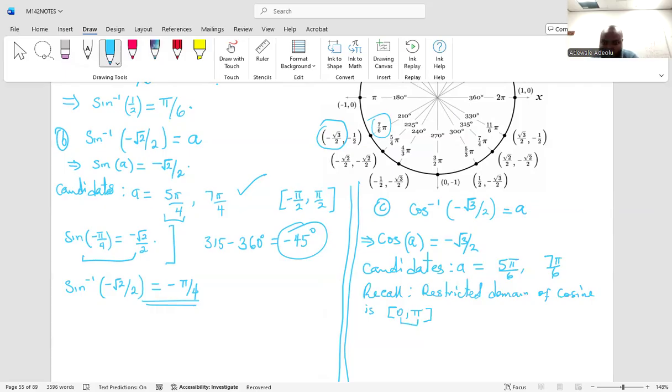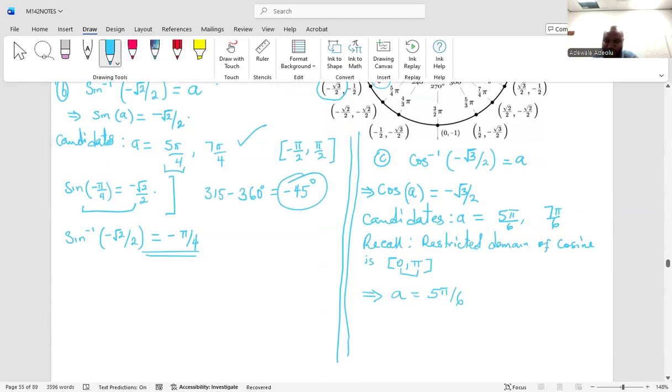So we're done. It implies that A is 5 pi over 6. So cosine inverse of negative root 3 over 2 is 5 pi over 6. Done.